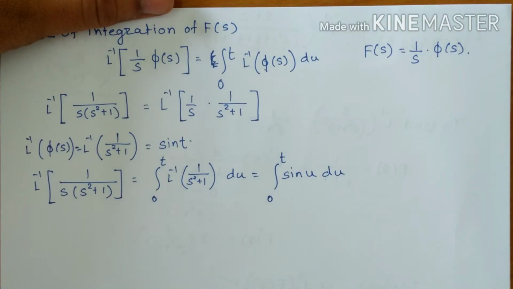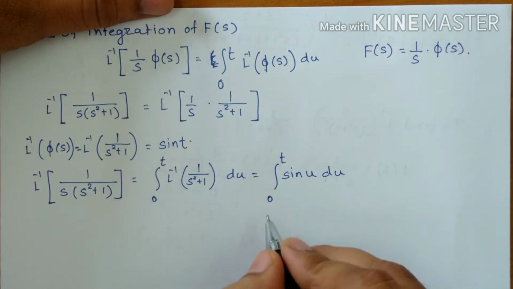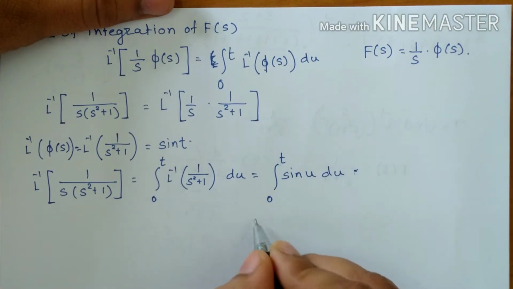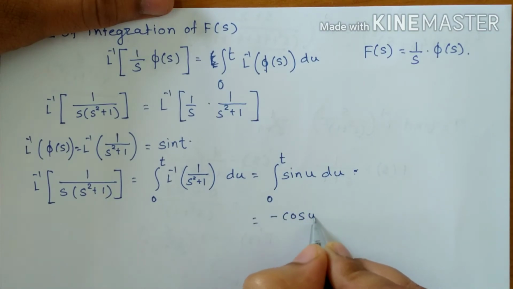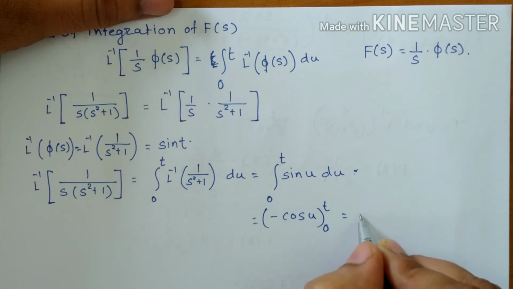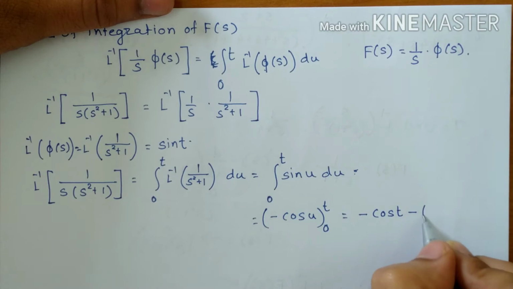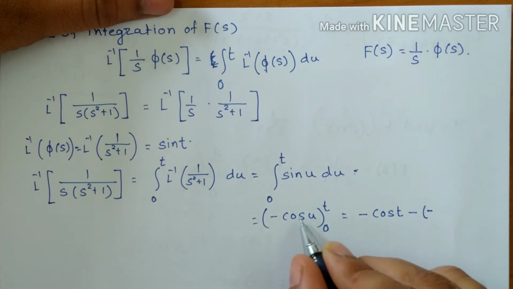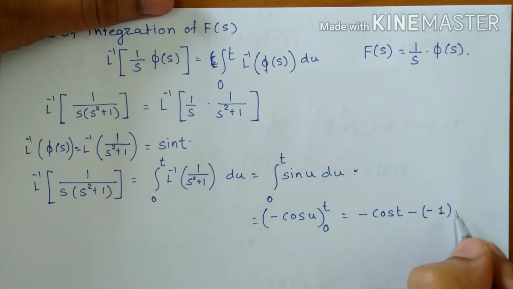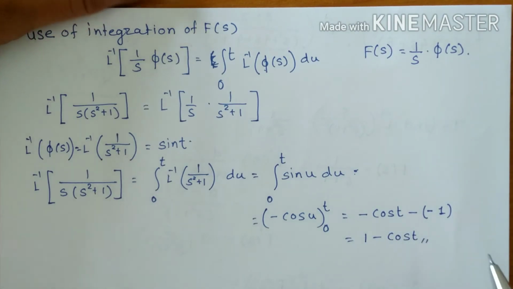Are you clear with this? Now my question is, what is the integration of sine? The integration of sine is minus cos u, limits from 0 to t. For the upper limit we have minus cos t, for the lower limit we have minus of minus cos 0, cos 0 is 1. So therefore 1 minus cos t is our answer.